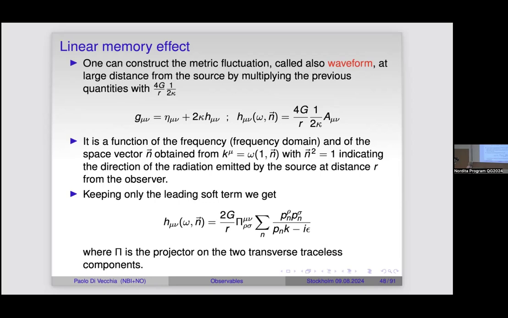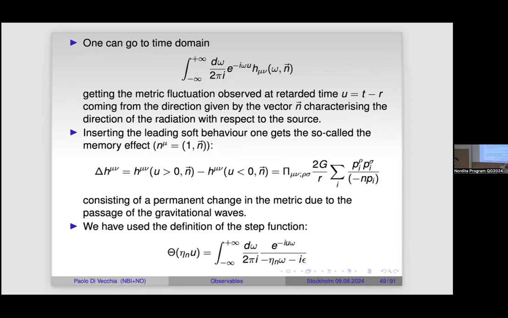And this is a projection over the two transverse traceless components. But you can go to time domain, and you get the leading soft behavior, and this is what is called the memory effect. That consists of a permanent change of the metric due to the passage of the gravitational wave.